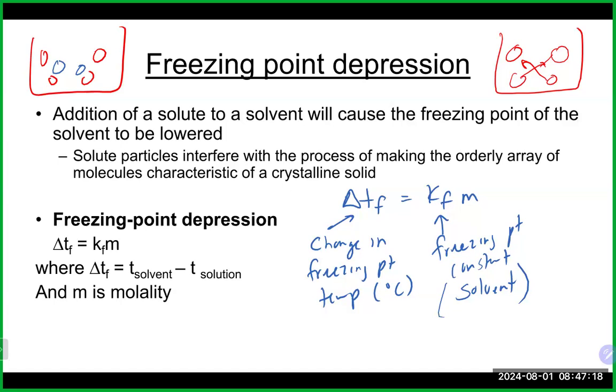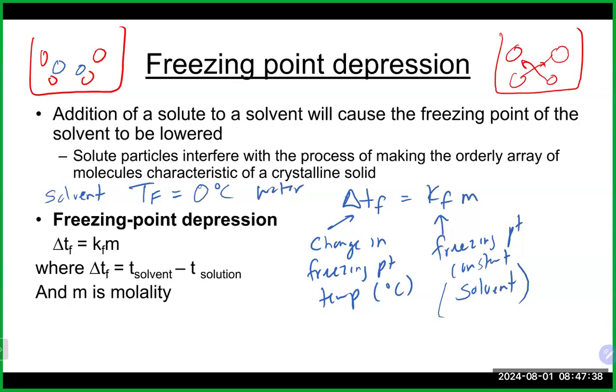That's also important, knowing when you find out what the solvent is, to know the normal freezing point, the temperature at which it freezes. For example, water is 0 degrees Celsius, right? When we talk about water freezing, its normal freezing point is 0 degrees Celsius.